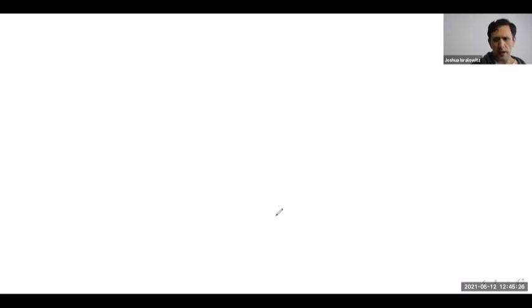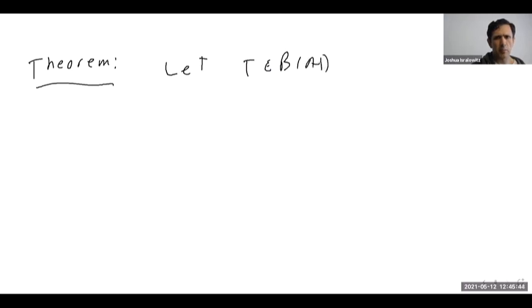All right, so we have the following theorem. And that is, let's say H is a separable Hilbert space, and let's say T is normal and compact. All right.